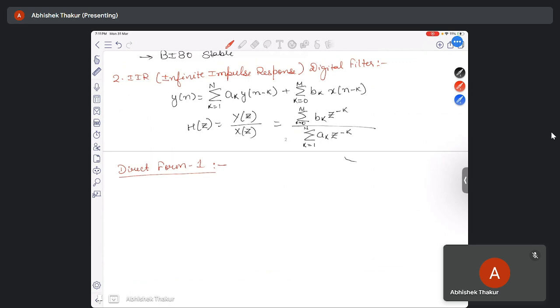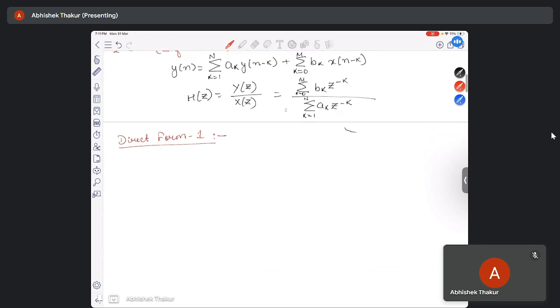And there will be an intermediate sequence, w(n). So w(n) represents the output of the first part and the input to the second part.